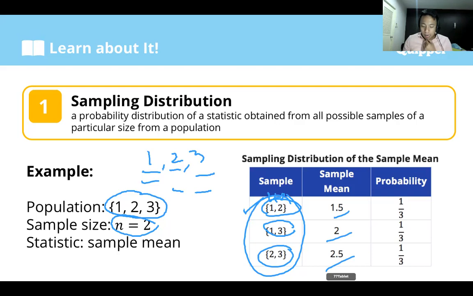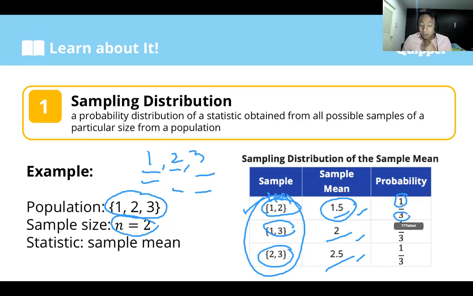And we need to find the probability. How do we find the probability of our sample here? We will base our probability on our sample mean. The first one is 1.5. There is no other 1.5, right? So we will put only one because there is only one 1.5 and we have three sample means.